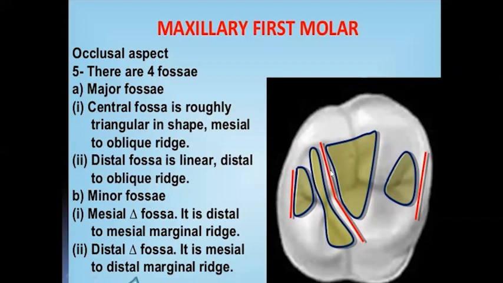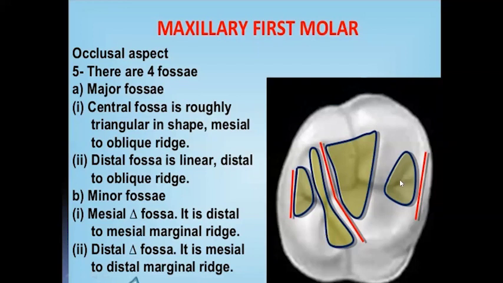This is the oblique ridge. The distal fossa is linear and distal to the oblique ridge. This is called the distal fossa.